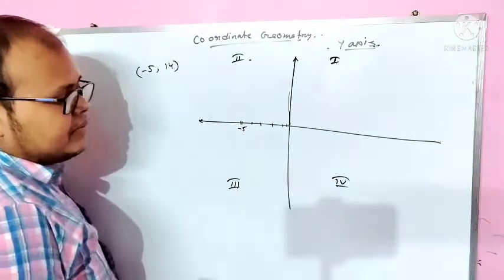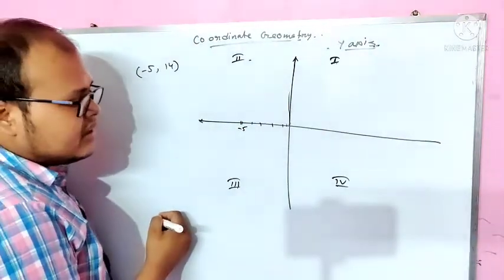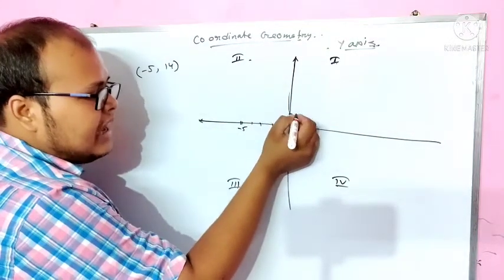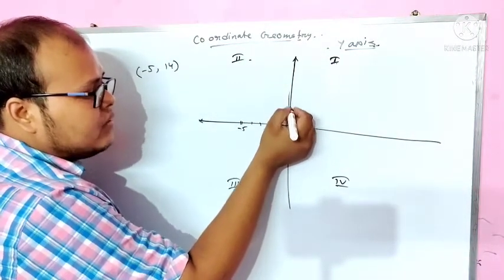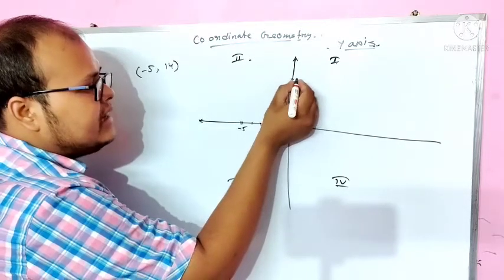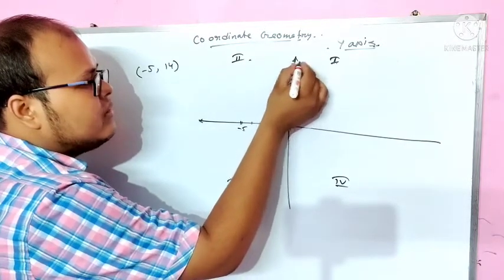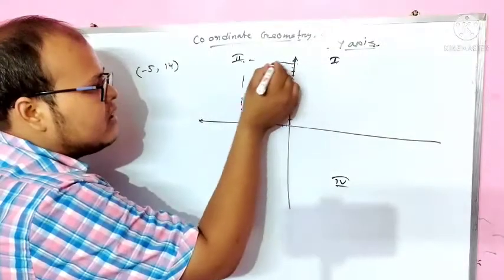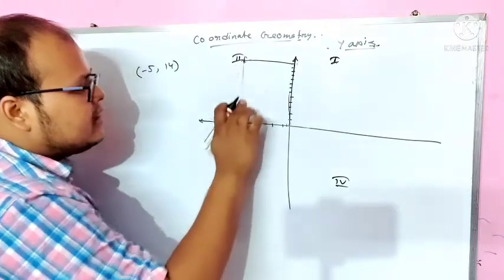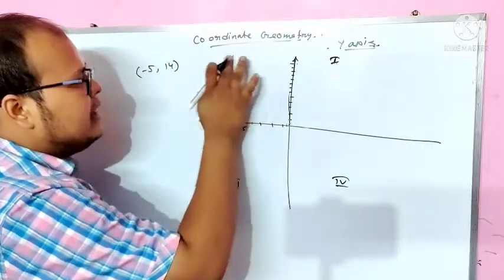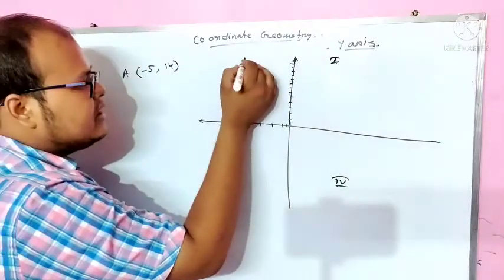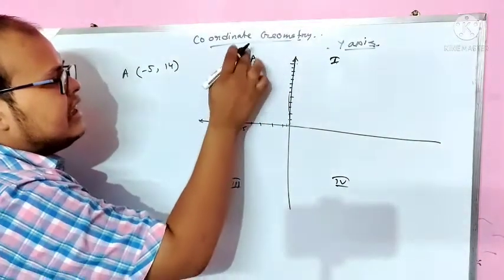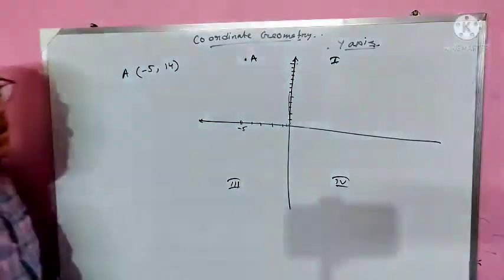So 5 units to the left along the x-axis, so it will be minus 5, and 14 units along the positive y-axis. 1, 2, 3, up to 14. At the intersection point the point will lie. If I name the given point A, this intersection will be the point A.